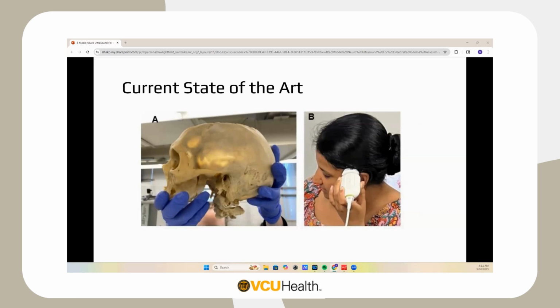Figure B is Dr. Ari Sarwal, you can see there, and it shows the correct orientation of the probe to access this window. To obtain that axial view, like I had just shown in the last slide, you want the index marker pointed anteriorly and the level of insonation to be approximately at the level of the basal cisterns.